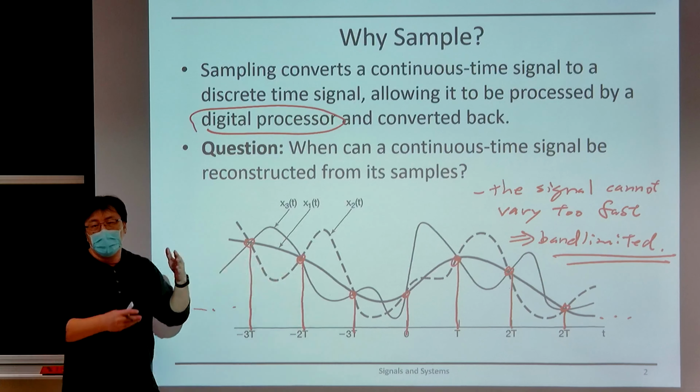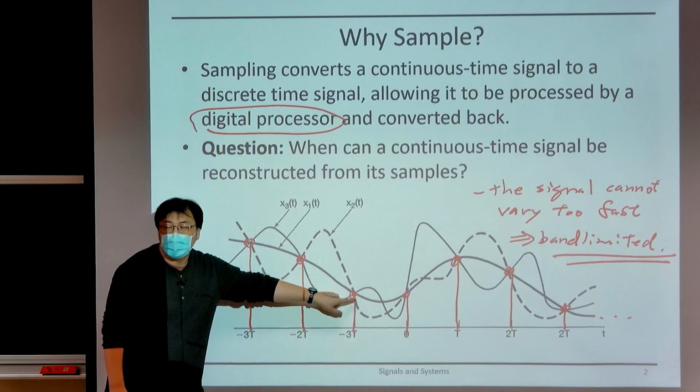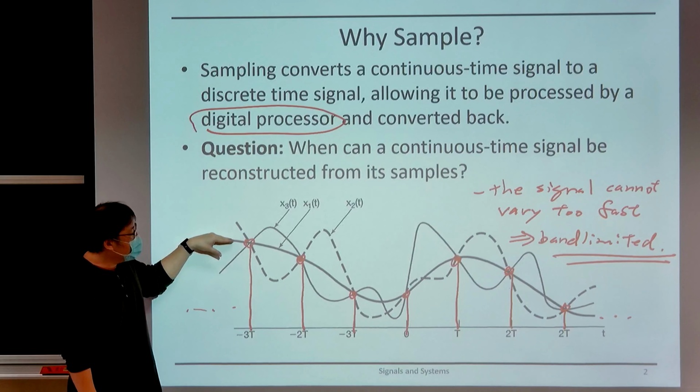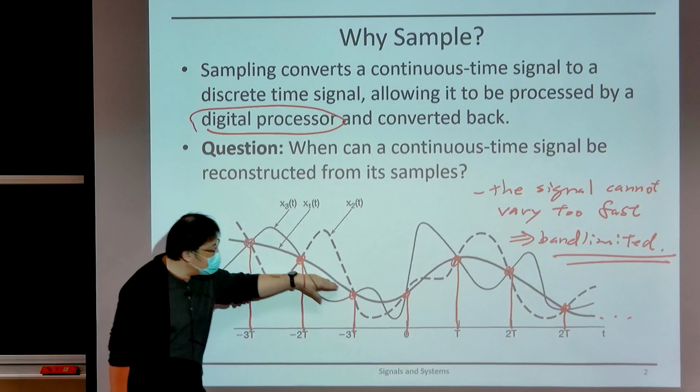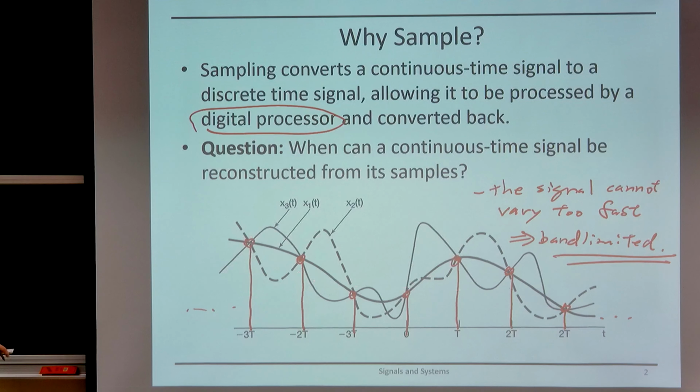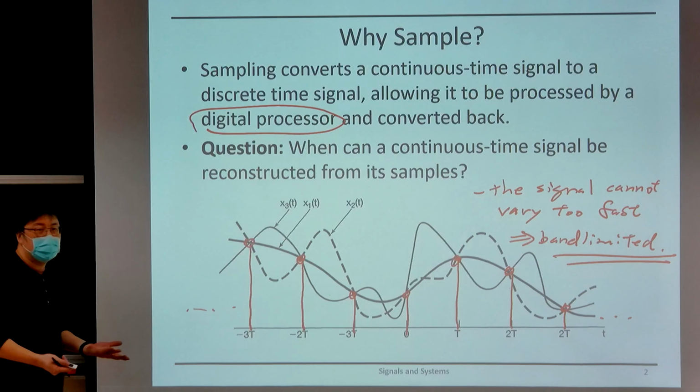But then the question is, when can we use these discrete time samples to uniquely represent a continuous time signal? Suppose you take this given set of discrete values. From this figure here, you can see that there are actually infinite continuous time signals that have samples corresponding to these values.